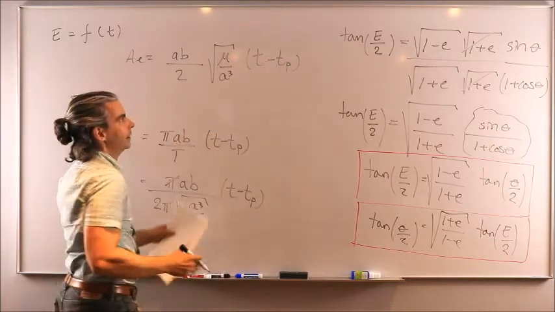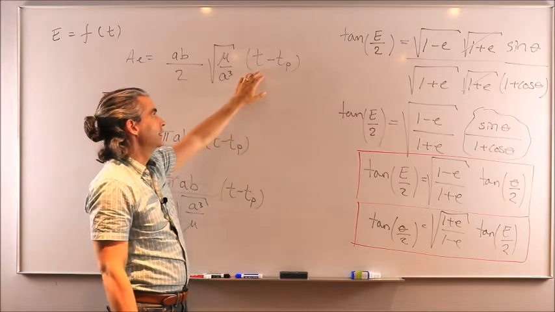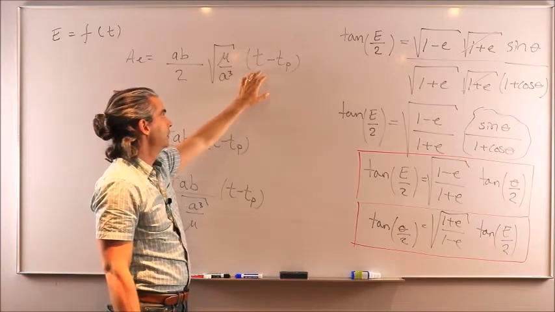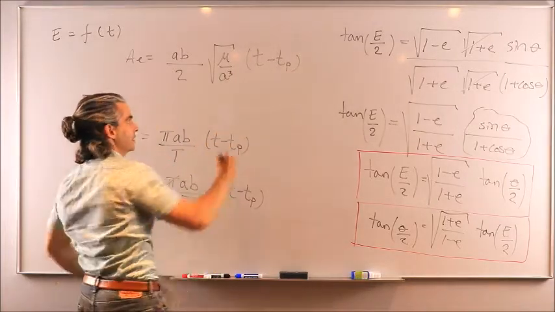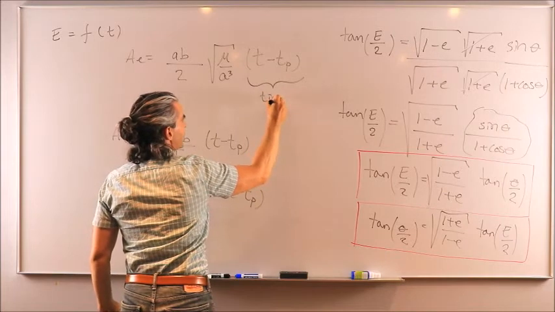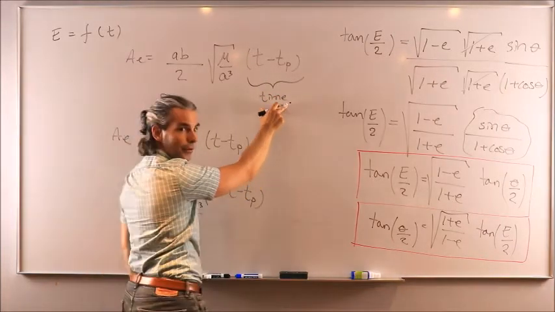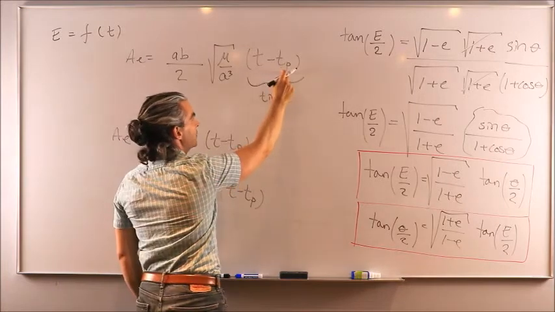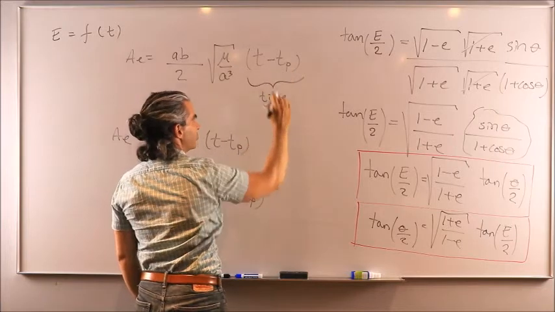By the way, if TP is the time of perigee passage and T is our current time, then T minus TP is the time since perigee passage. So I'm going to write it to make sure that you remember that time since perigee passage is T minus TP, whereas time of perigee passage is just TP.